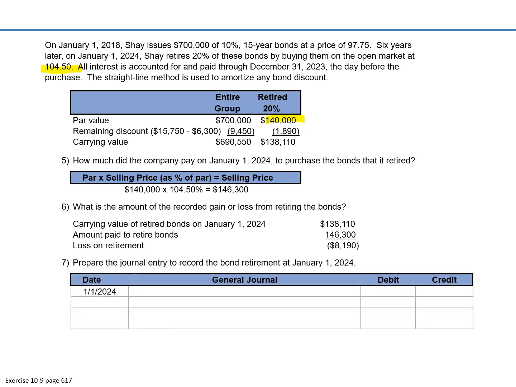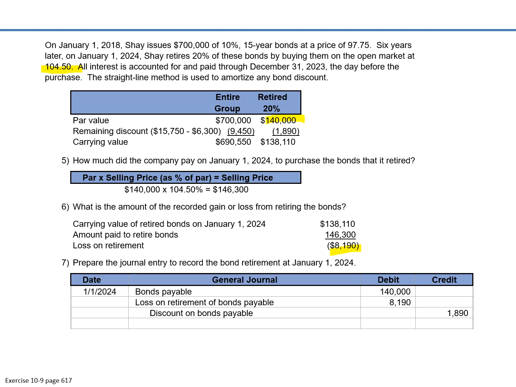So the way we record that journal entry is we reduce our bonds payable for the portion, the par value that we're retiring, 140,000. We reduce bonds payable with debits. We record our loss on retirement that we just computed right here of 8,190. Losses are debits. We record the reduction in our discount on bonds payable for the retired piece of 1,890.